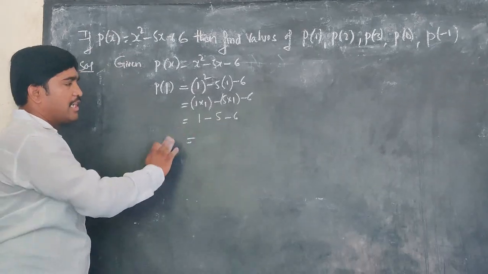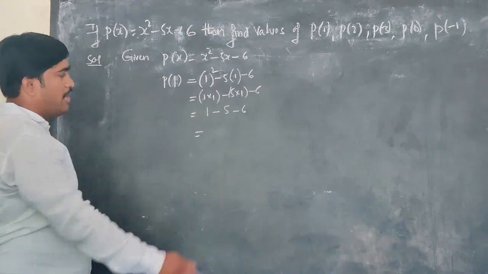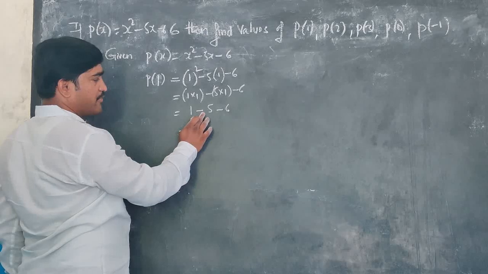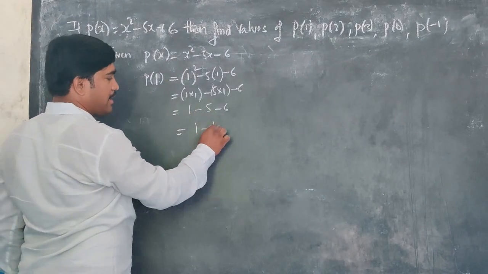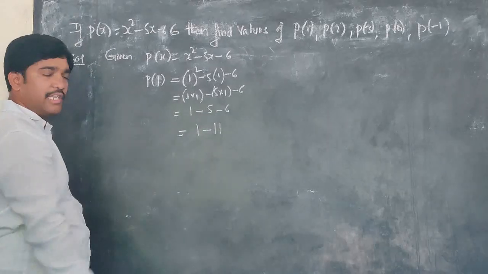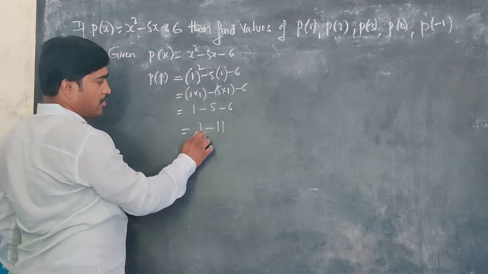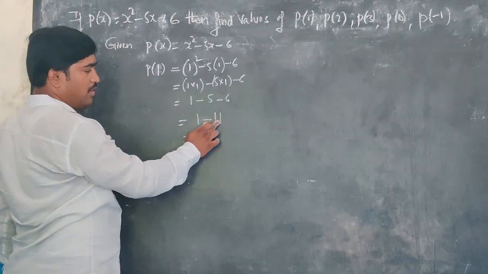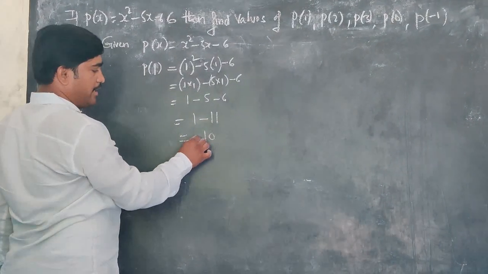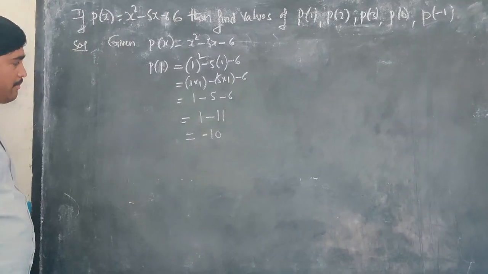If you observe, there are two negative terms and one positive term. First add the negative terms. When both have negative signs, we should add. Now 5 plus 6 is 11, and the bigger number's sign is minus. Now only one positive term and one negative term are there, so the bigger number's sign is minus. So 11 minus 1 is 10, and the bigger number's sign is minus, so minus 10.